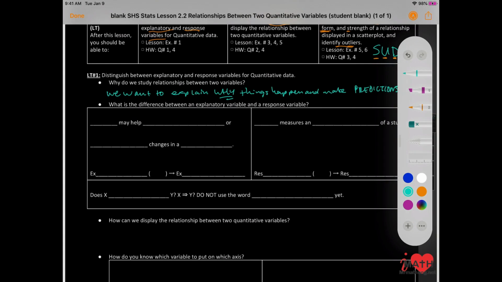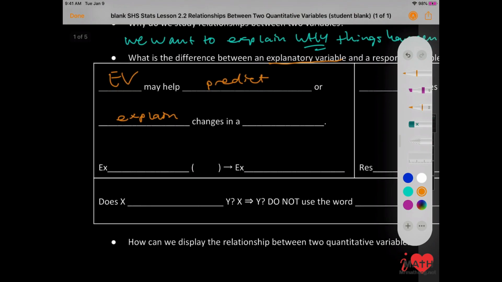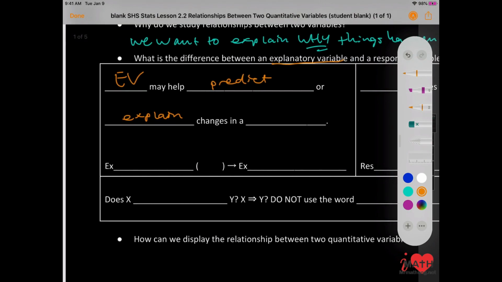What is the difference between EV and RV? We kind of talked about this in the last one. We said that the EVs, explanatory variables, may help us predict or explain changes in a response variable.